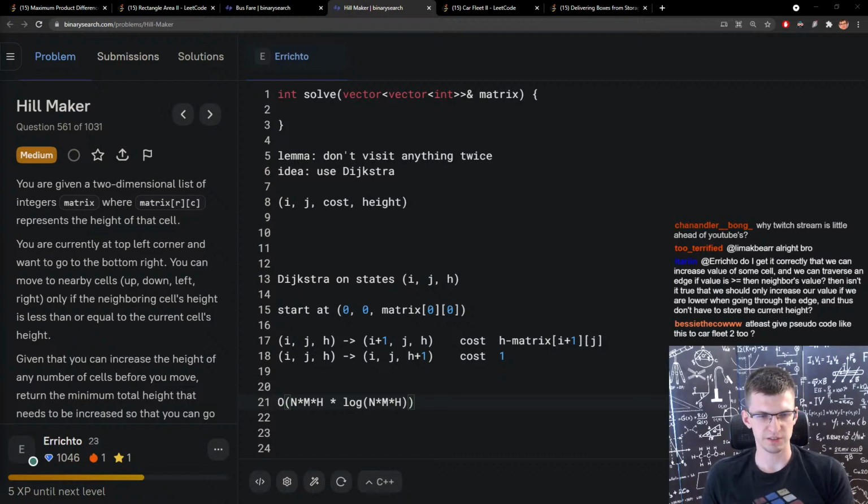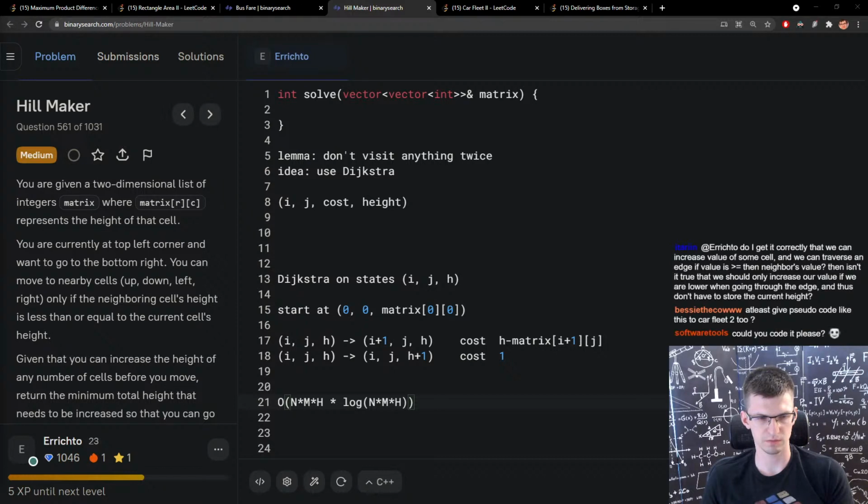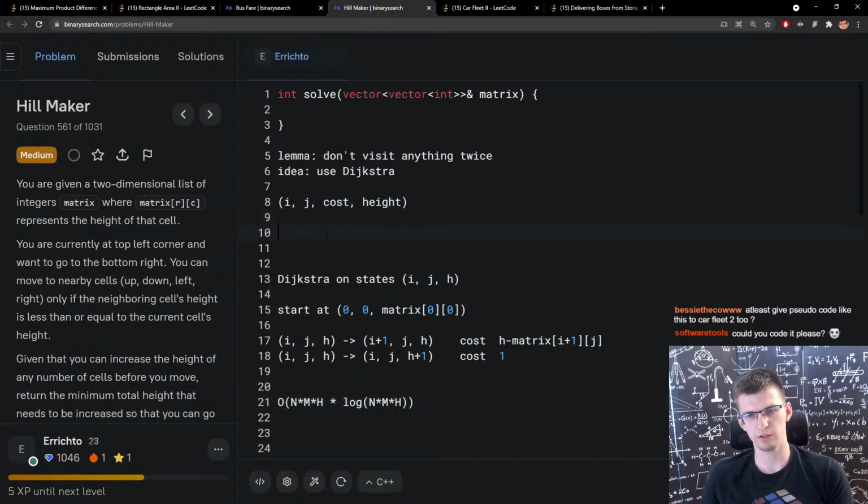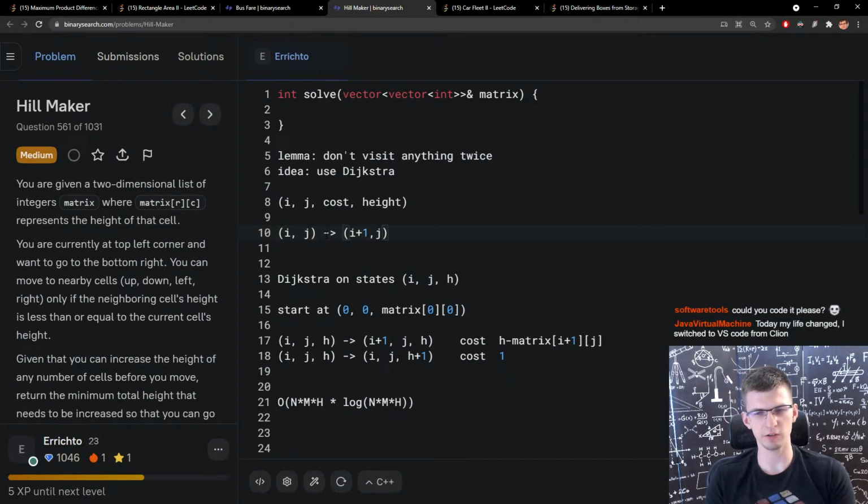You can increase the value of some cell. We can traverse an edge if the value is this, not neighbors. Isn't it true that we should only increase our value if we are lower when going through the edge? When you go from one cell to another, let's say from i, j to i plus 1, j, in order to do that, you need to modify one of them. So what? We go down, right?